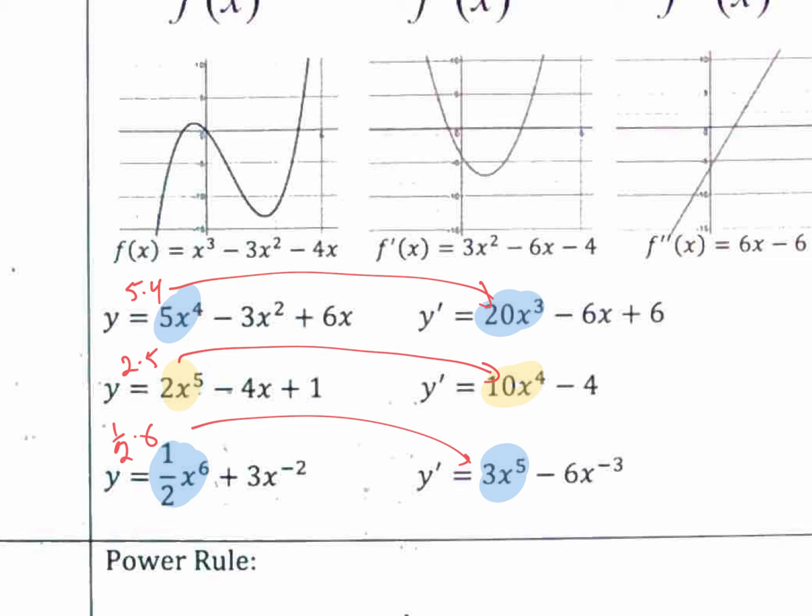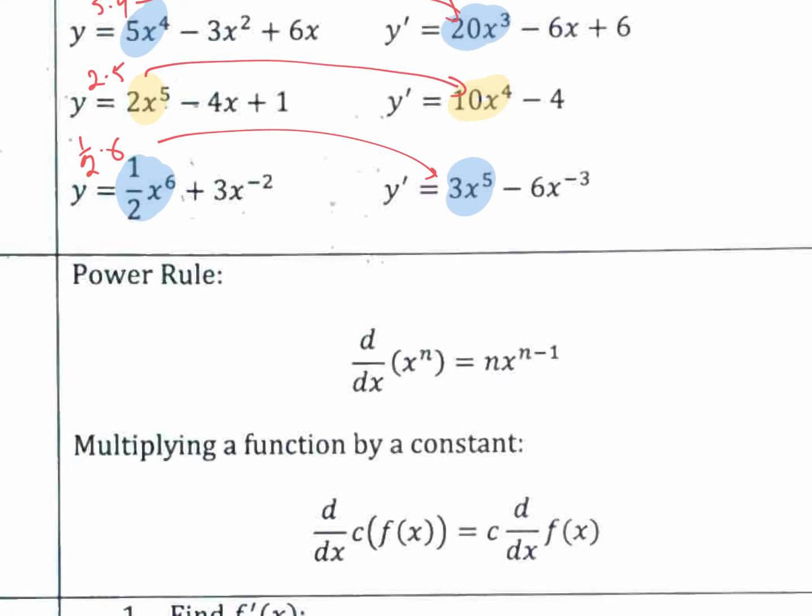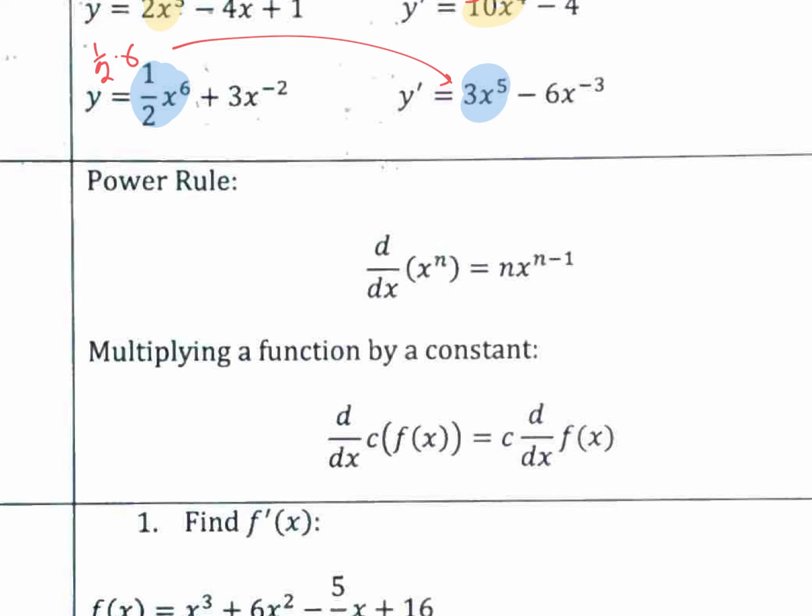Well, it's almost as if we're taking that lead coefficient and multiplying it by whatever this exponent was, and then the exponent drops down. So we took the 4 times the 5 here to get 20, and then the exponent now is 1 less. Well, that brings into the frame the power rule.